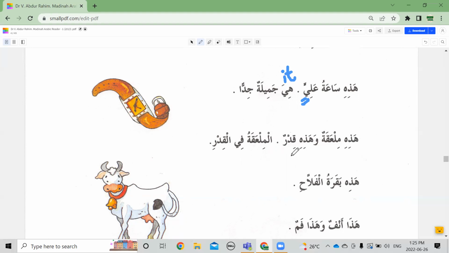This is a spoon and this is a bowl, you know, like a bowl to put the spoon in. So it says the spoon is in the bowl.